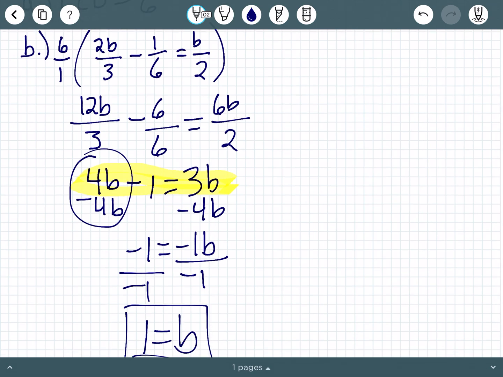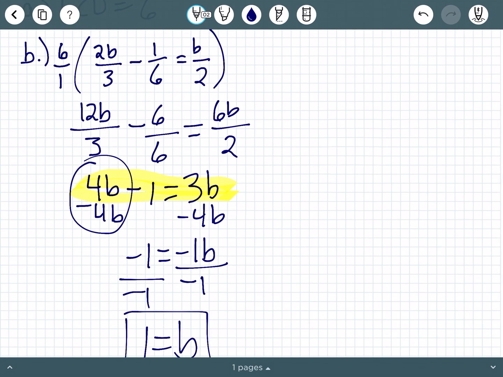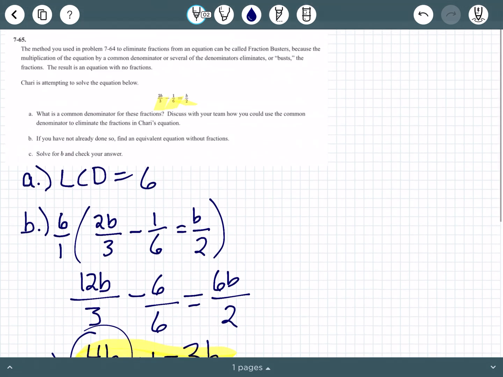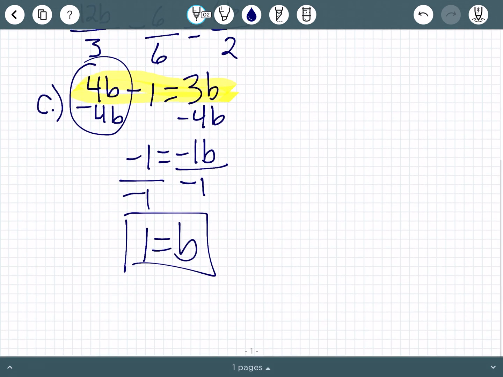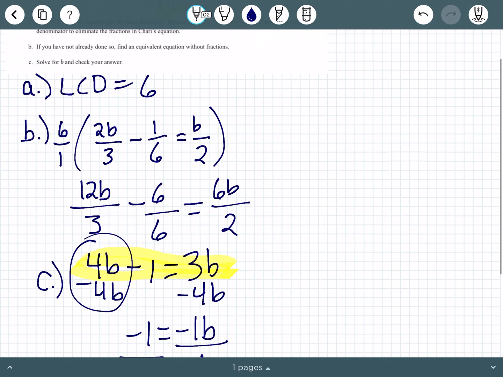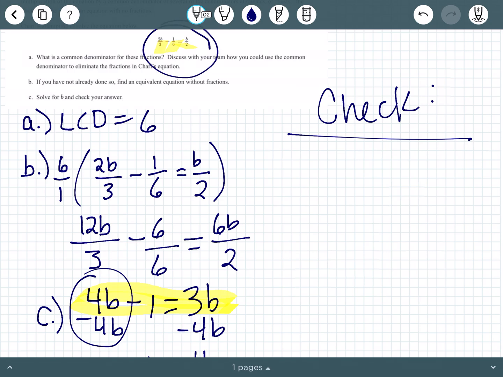This was our equivalent equation without fractions, so this is where part B ended, and then part C said to solve and check your answer. So this is where part C begins. Now the last part we need to do for part C, we already solved for b, but now we need to check our answer. A few things to remember when checking your answer: we need to go to the original equation, all the way back to our original.